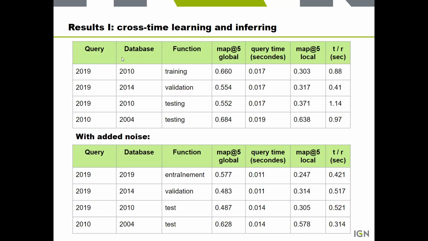And here are the results which we obtained. The first one is cross-time learning and inferring. We can see the results are less high and less good than the phase research. However, even if we add 0.01 noise with a standard deviation of 0.01, our method is still pretty robust to noise.